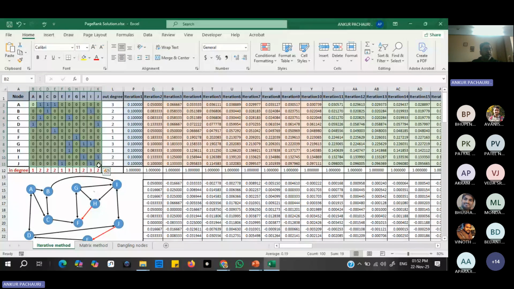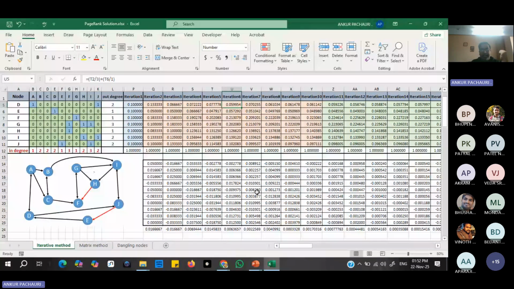Based on that, we compute the formula, using the previous iteration's page rank, the latest page rank so far. We move from one iteration to the next until our termination criteria match.